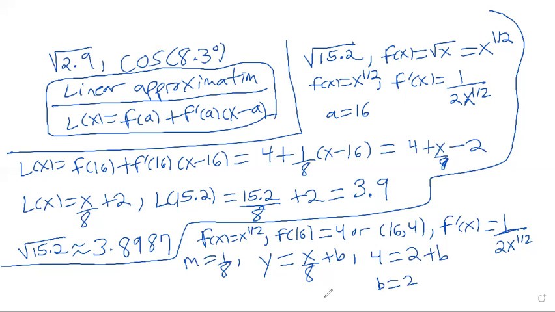So b is just going to be 2. So then we just use y equals x over 8 plus 2. And you see, look what we have. y equals x over 8 plus 2. L of x equals x over 8 plus 2. So if you plug in 15.2, you get the same thing here, 3.9.